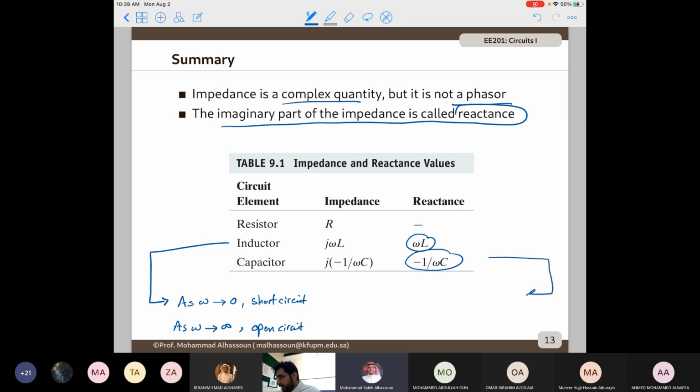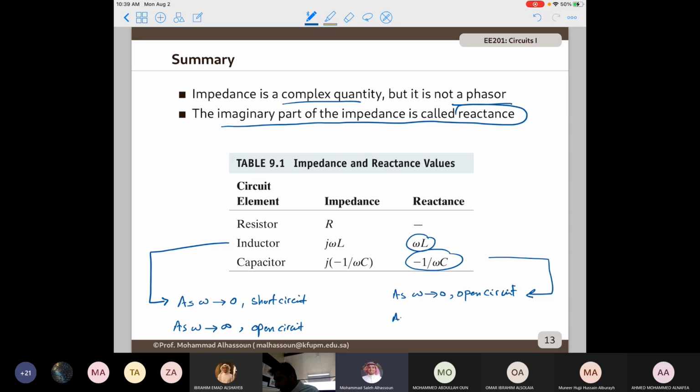Similarly, if we have a capacitor, as omega approaches zero, close to DC, the capacitor will behave like an open circuit, because you'll have -1 divided by almost 0 multiplied by C, so the impedance will be infinite.